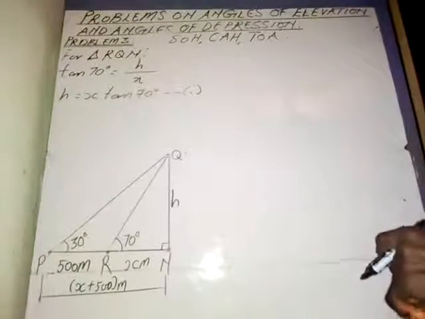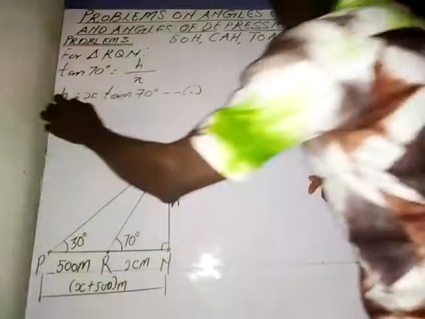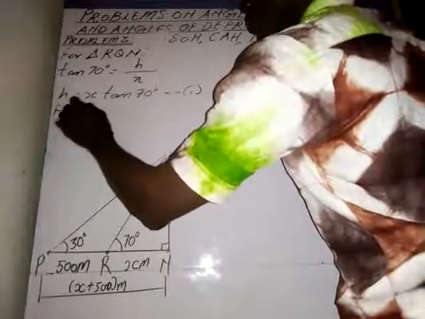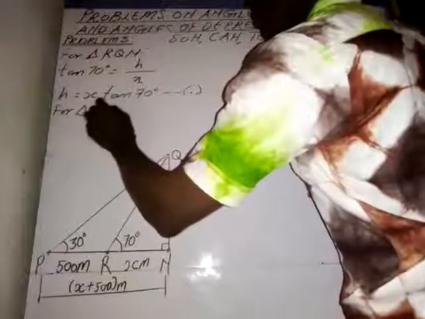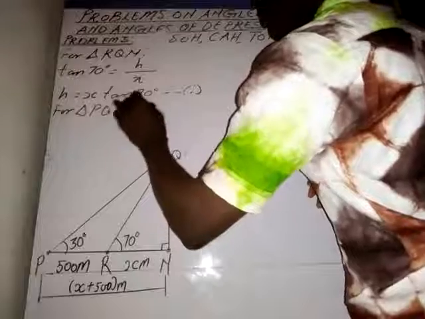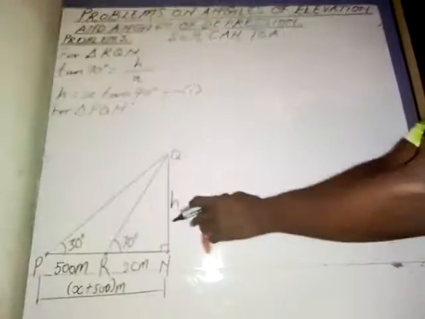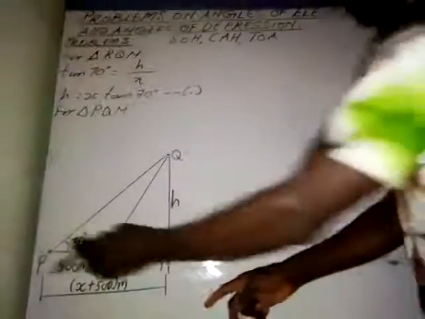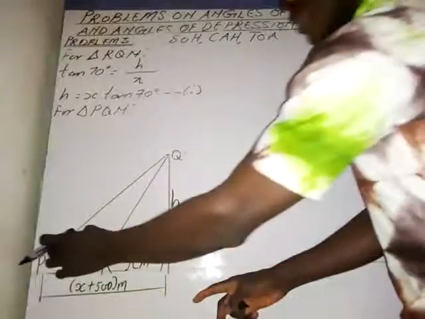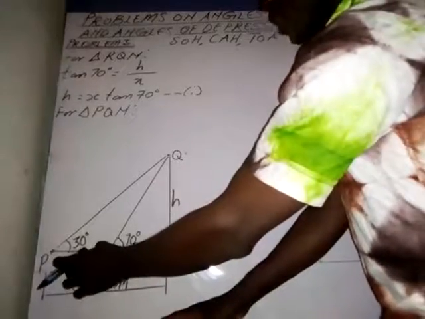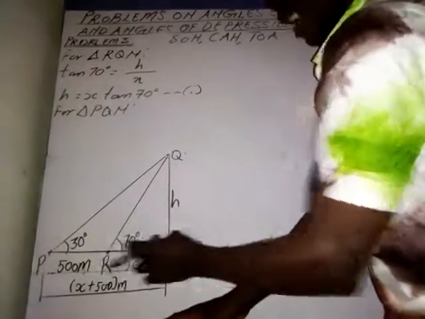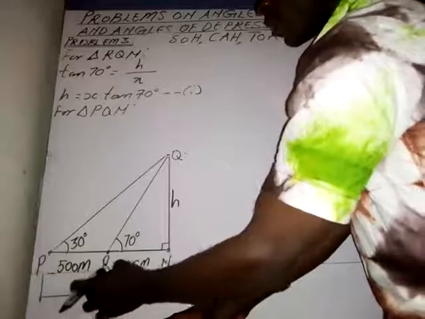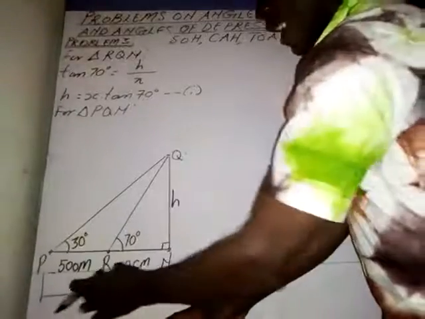Now for triangle PQN, this is still the opposite, but the adjacent is the distance PN, which is the summation of the distance 500 here, that is PR, and RN, and here we have the whole of PN to be X plus 500.